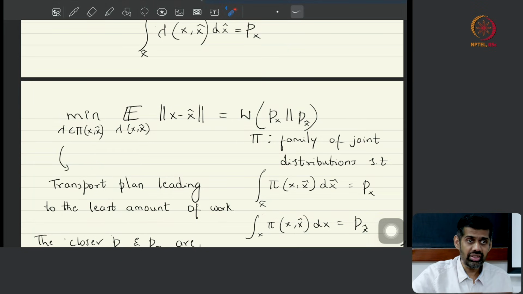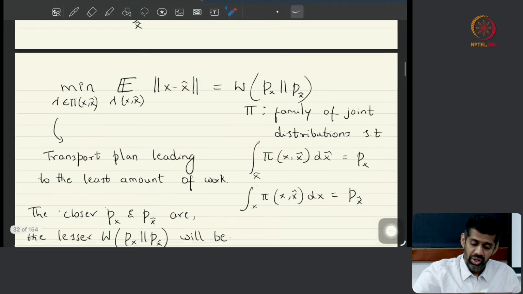You will have to ensure that the transport plans are considered in such a way that operating the transport plan always leads you to one of the constituent distributions. That is the constraint with which we solve the optimization problem. Consider all joint distributions such that the marginals become the underlying constituent distributions, and you solve an optimization problem saying that amongst all possible transport plans, which is the one that corresponds to the least amount of effort. Now that is what is defined as the Wasserstein's metric.